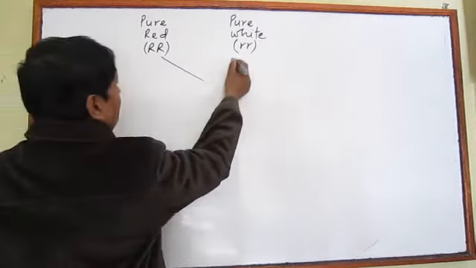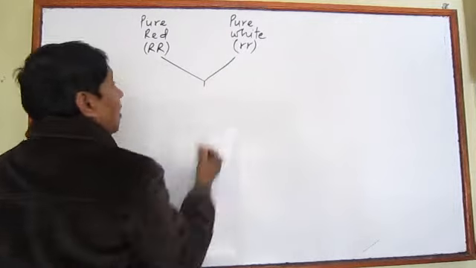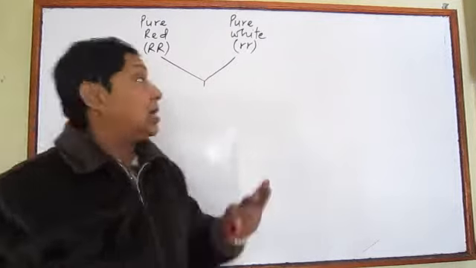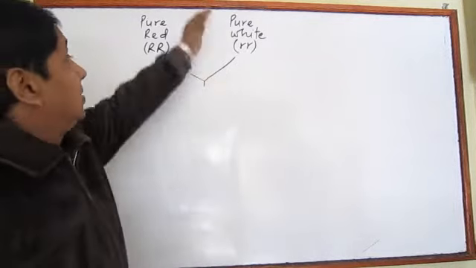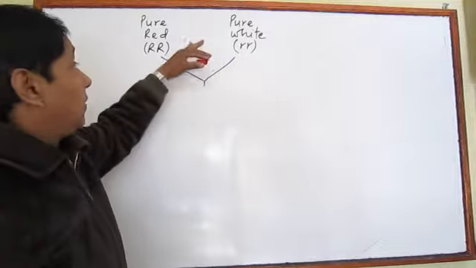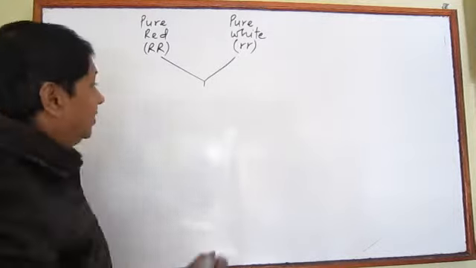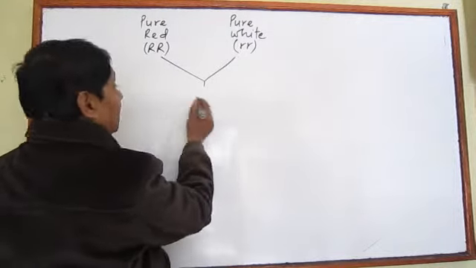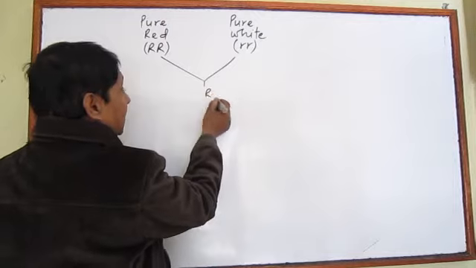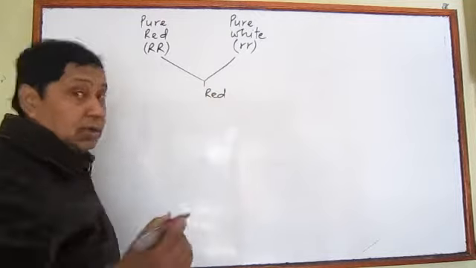When they are cross-pollinated, all the pea plants in the first generation appear red in color. The flower is red.